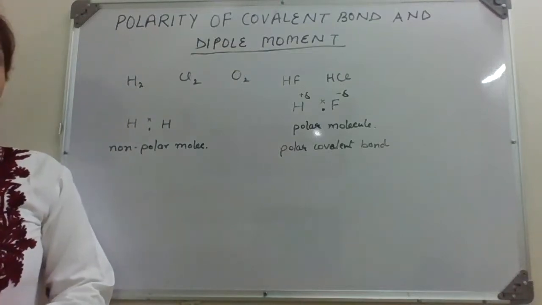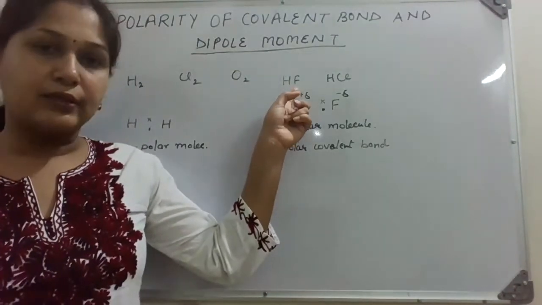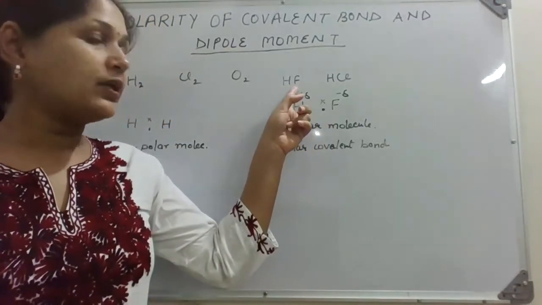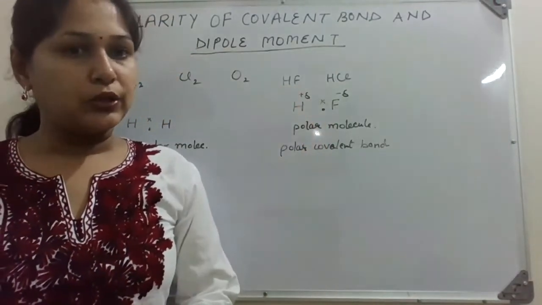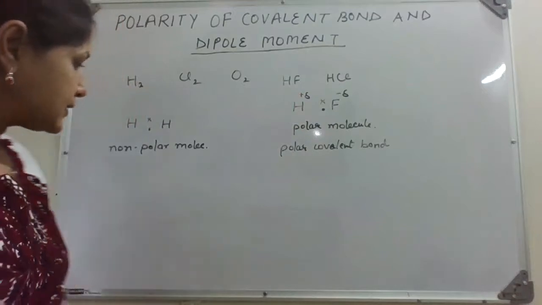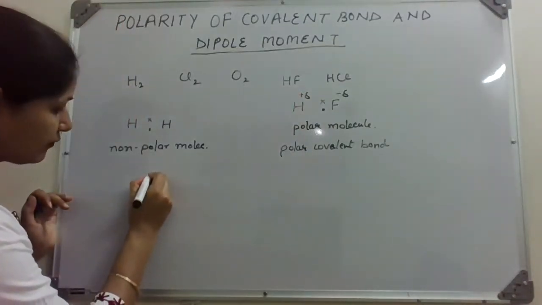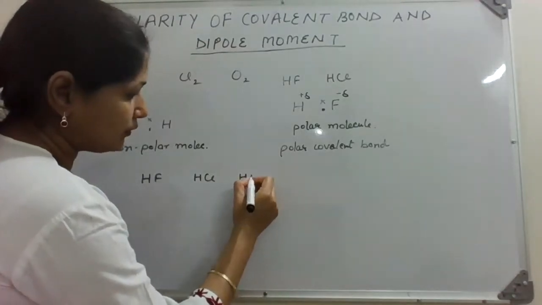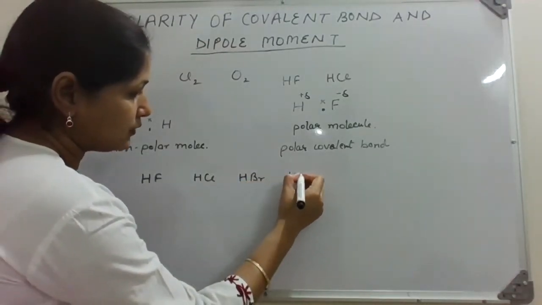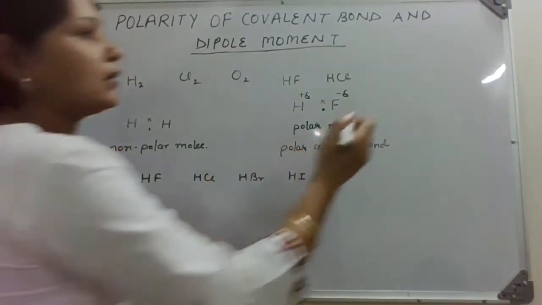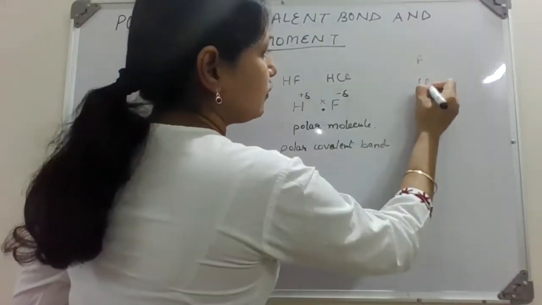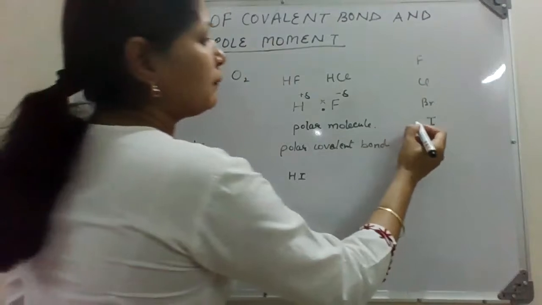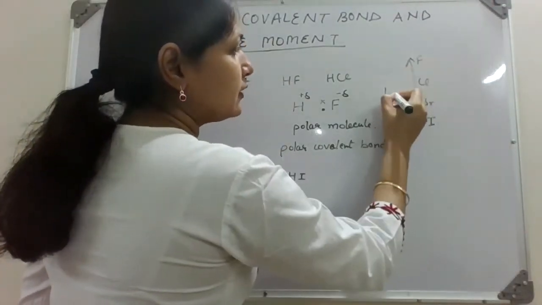As the difference in electronegativity of both the elements increases in a heteronuclear molecule, the ionic character of the molecule increases. Let's consider one example: hydrogen fluoride, hydrogen chloride, hydrogen bromide, and hydrogen iodide. If we see the electronegativity of fluorine, chlorine, bromine, and iodine, we know as we go up in a group, electronegativity increases.